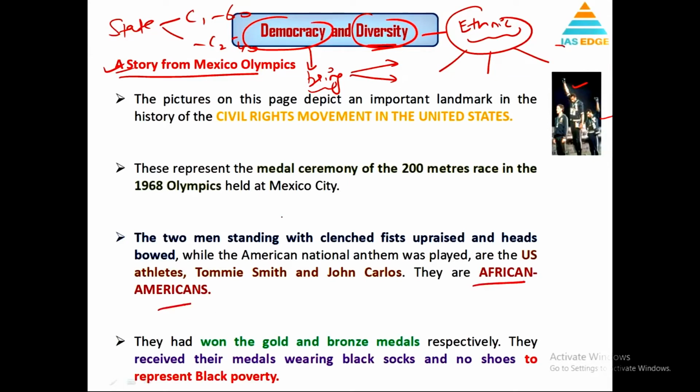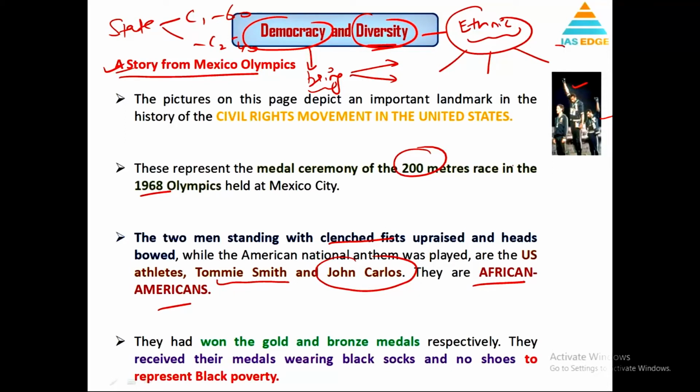They won the 200-meter race of the 1968 Olympics. When they were on the podium, they clenched their fists, raised them, and bowed their heads, and they were not wearing any shoes. With them was a third candidate, who also showed solidarity. Both of the US candidates were Tommy Smith and John Carlos.